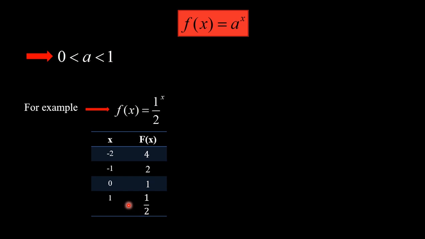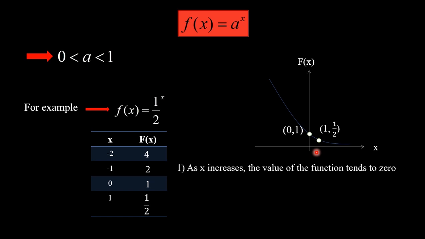So, by plotting these points, the graph of the function will be this line, as you can see in the picture. The characteristics of the function will be: number 1.